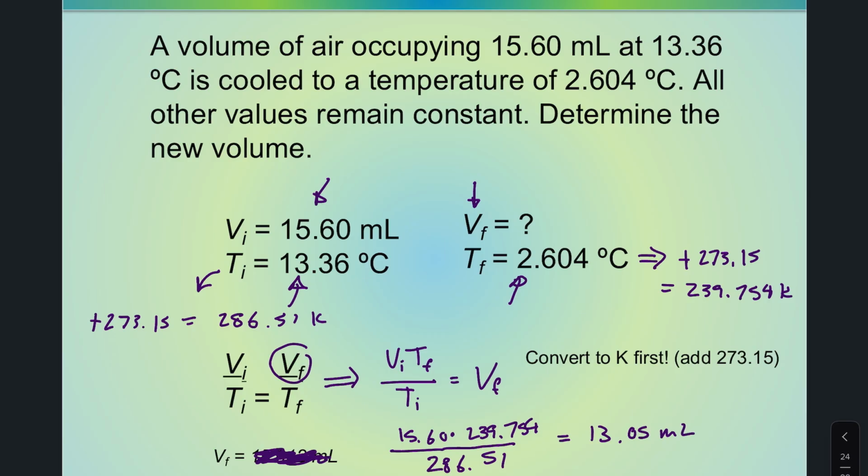And let's see, is this what we got here? Not quite. That is because I probably didn't do that with the correct values. So it goes from 15.60 milliliters to 13.05 milliliters when you actually do this math correctly.